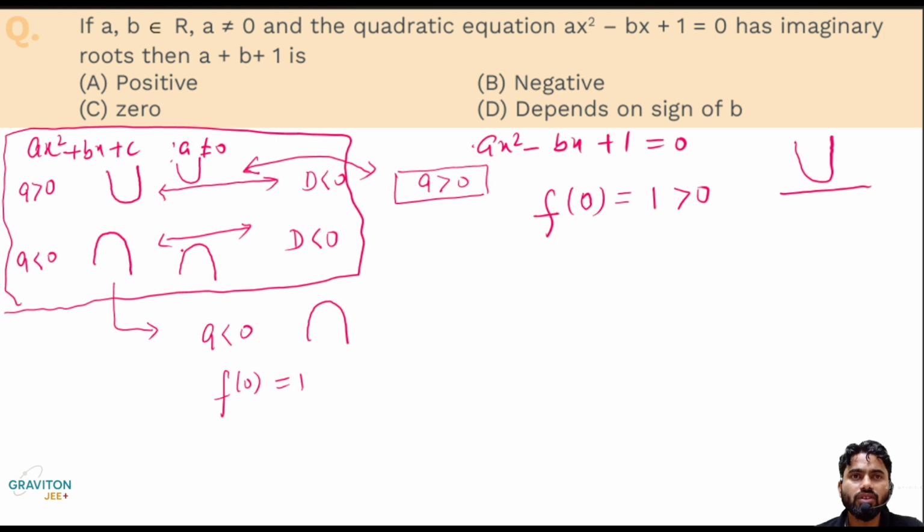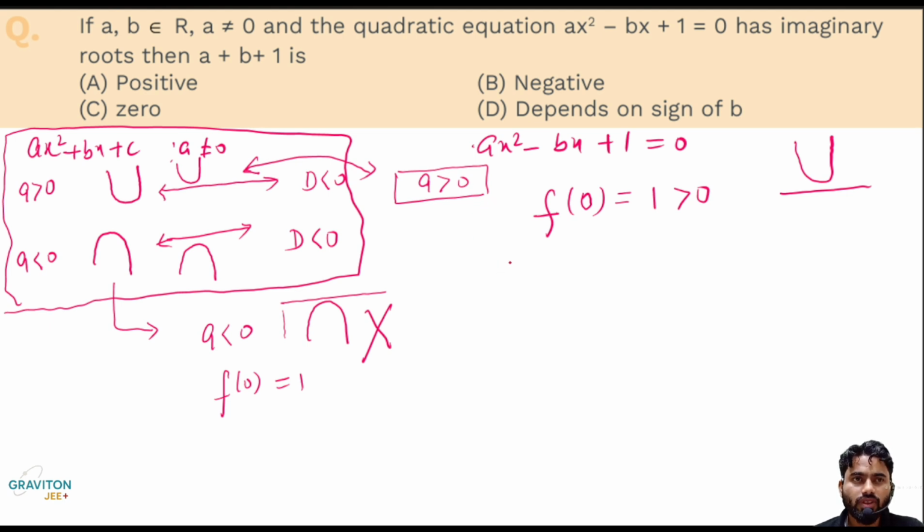And in this case, your structure will lie below the x-axis. So below the x-axis, what is the y value? Negative, but here it is positive. So this case is not possible. So from here you will get an idea that if this condition is applied, no imaginary root and f(0) is positive, then a should be a positive number, right?